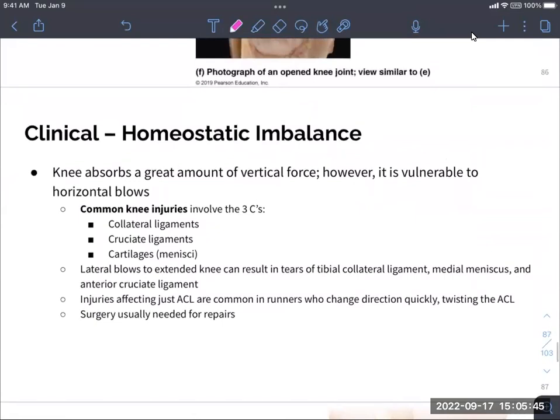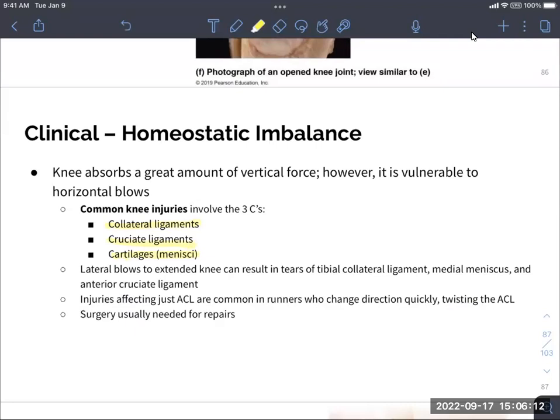So knee injuries are kind of common just because people can get run into, things can get knocked from behind, even blows to the side, horizontal, coming in from the side. There's collateral ligaments that can get torn, cruciate ligaments that can get torn, or those menisci that can get torn.